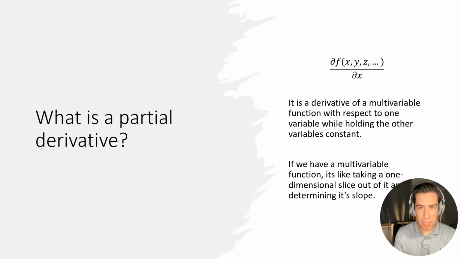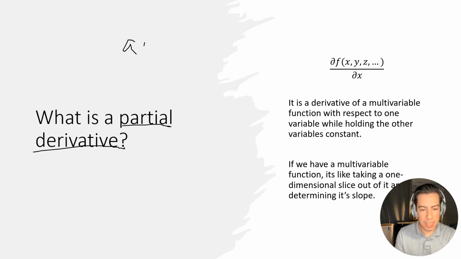All right, guys, so if you haven't taken calculus 3 yet, or the equivalent of multivariable calculus, let's go ahead and understand what a partial derivative is. Basically, it is a derivative of a multivariable function with respect to one variable while holding the other variables constant, okay? And again, if we have a multivariable function, it's like taking a one-dimensional slice out of it and determining the slope.